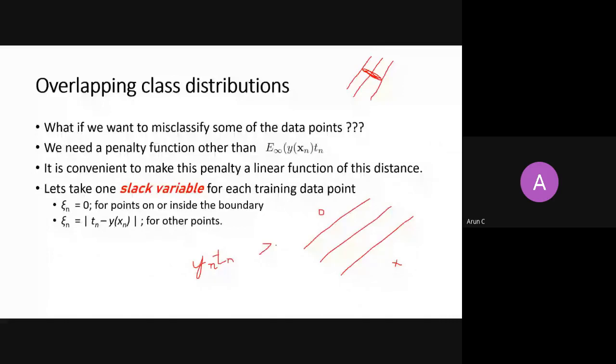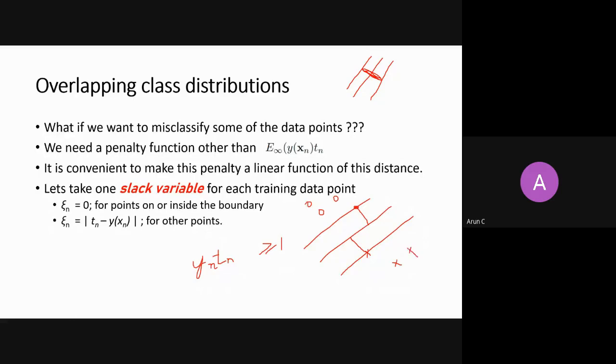So in hard margin, we were saying that the nearest point is one distance away from the margin, and the rest of the points are either one distance away or more than that, so they are falling beyond the margins.